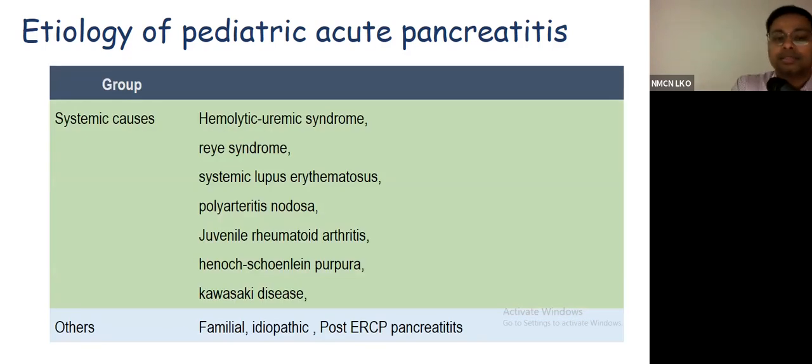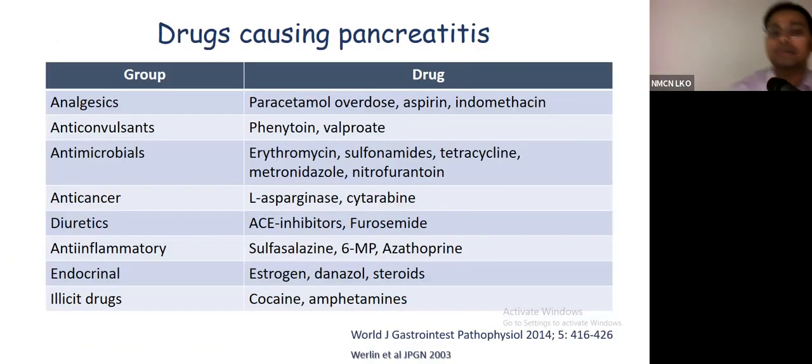Certain systemic causes like vasculitis, hemolytic uremic syndrome, Henoch-Schonlein purpura, Kawasaki disease, SLE are also known to cause pancreatitis. Other causes are post-acute pancreatitis, familial, and a major chunk of our cases can be idiopathic also. Drugs are another group which can cause pancreatitis.